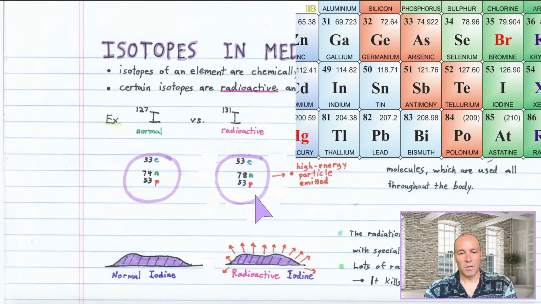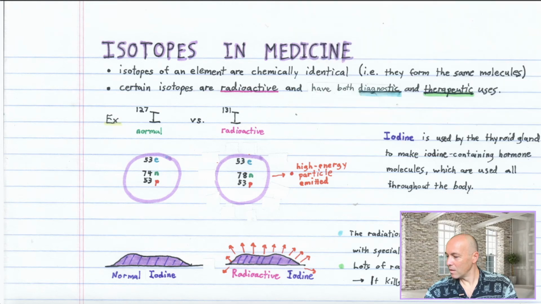This is, in other words, an unstable type of iodine atom, and it has a tendency to emit high energy particles. So if you imagine a pile of normal iodine sitting on the table, you can scoop up the powder. You can do whatever you want with it. And here is some iodine that contains a little bit of the radioactive isotope.